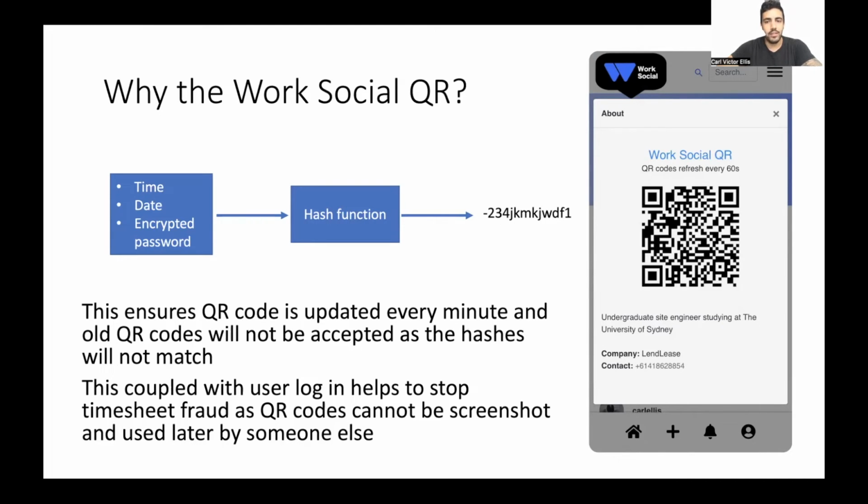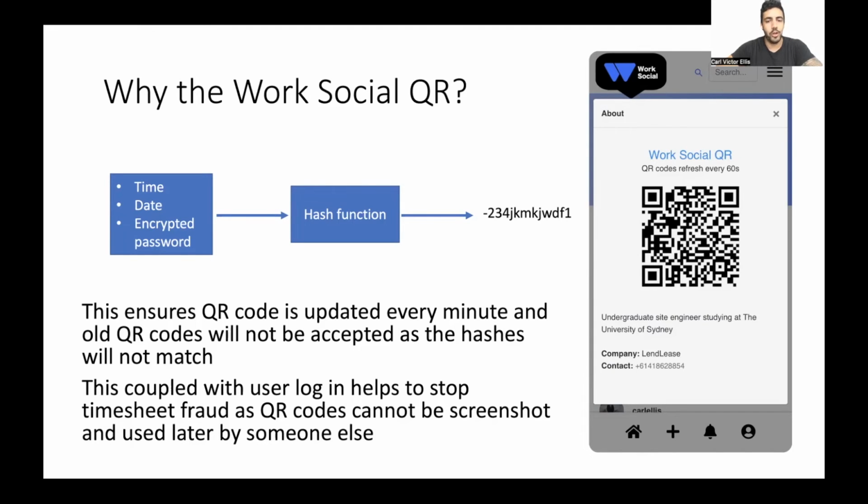So what is the QR code? What this does is it takes the time, date, and encrypted password, and it uses a hashing function, and then you get this number here. It's -2, blah blah blah, whatever it is. You'll see in a minute what we use this for, but this ensures the QR code is up to date every minute.